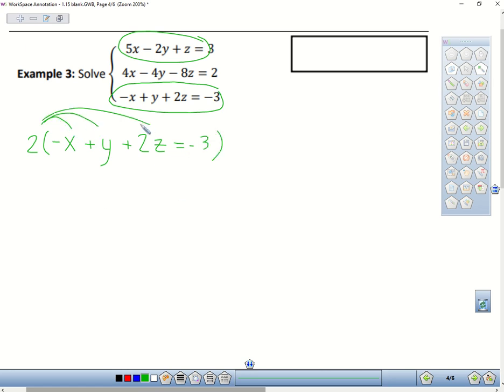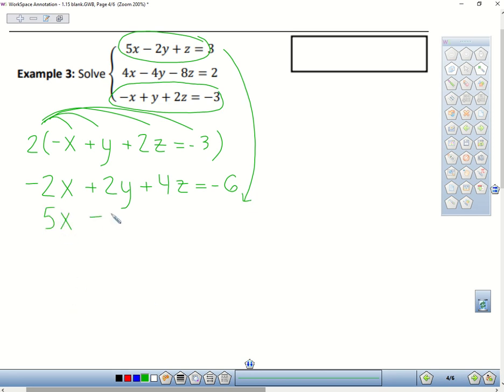I'm going to distribute the 2 to all my terms, and that's going to give me negative 2x plus 2y plus 4z is equal to negative 6. I'm going to then bring down my first equation. That's going to give me 5x minus 2y plus z is equal to 3.